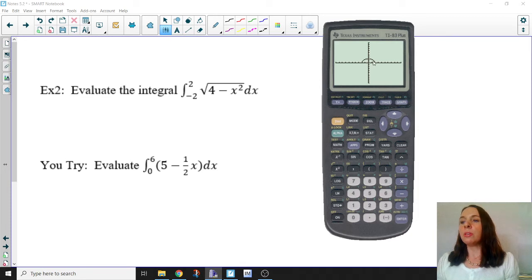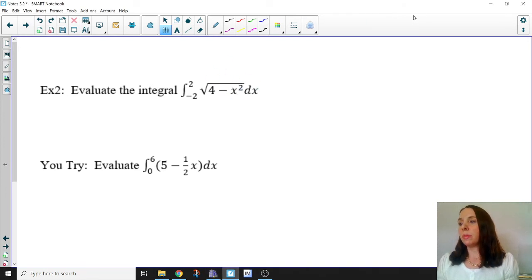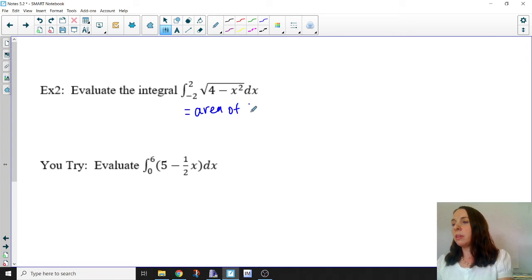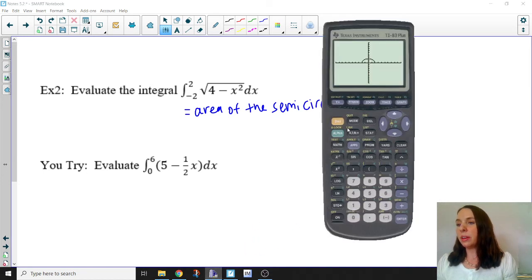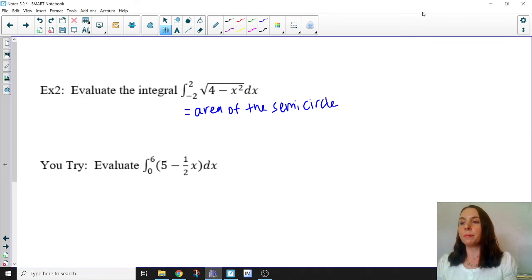What you should recognize this as is a semicircle, in function form. To evaluate this integral, the answer is going to come from the area of the semicircle. What radius do you need to know in order to find the area of a semicircle? A radius of 2.